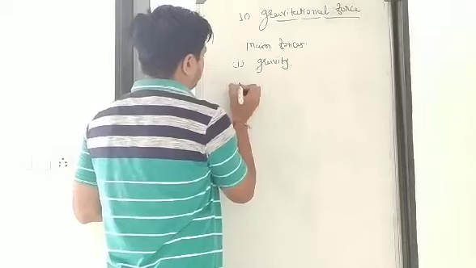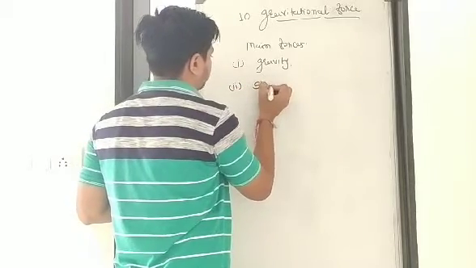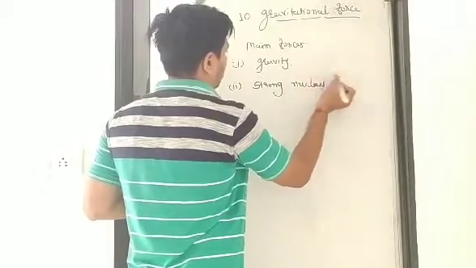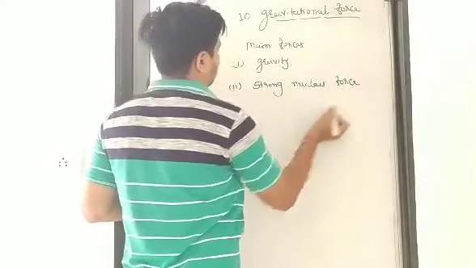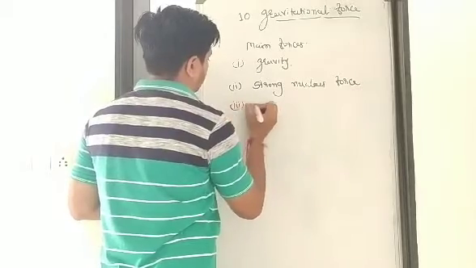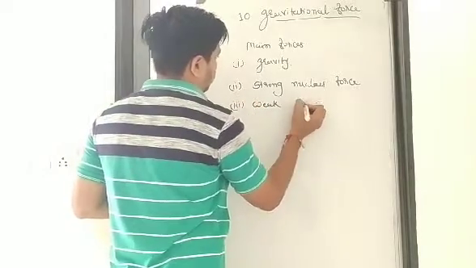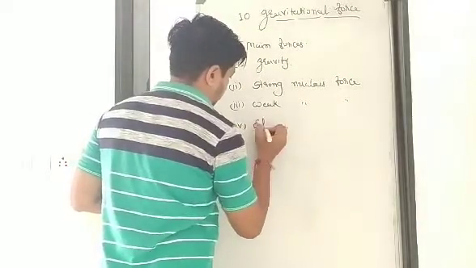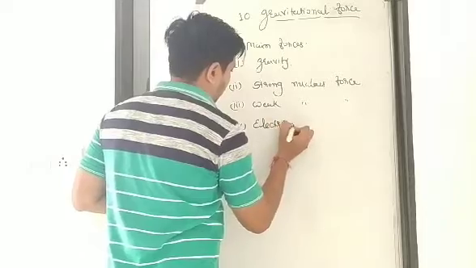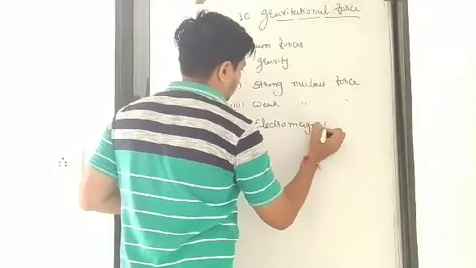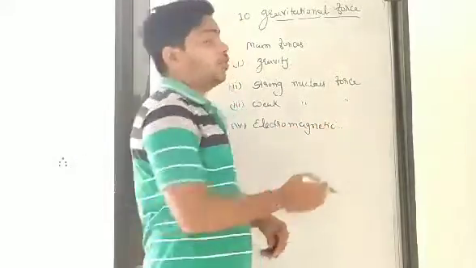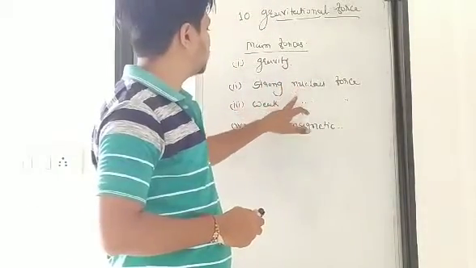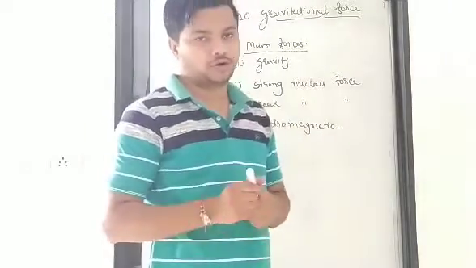The second one is strong nucleus force. Third one, weak nucleus force. And the fourth one is electromagnetic force. These forces are known as the main forces of the universe: gravity, strong nucleus force, weak nucleus force, and the electromagnetic force.